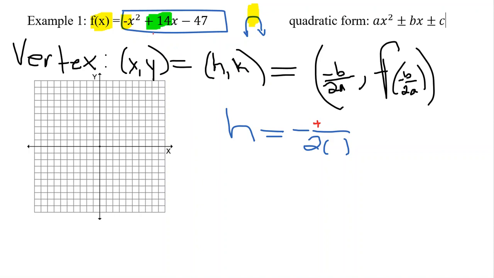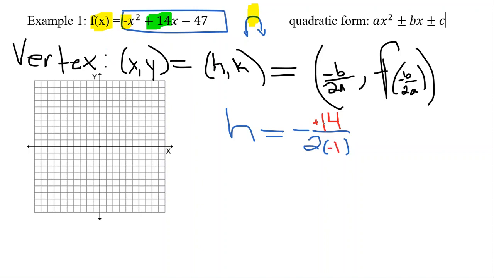It's not going to change. But it's important because it could have been negative, and then negative times negative would change. So this is why it was important to recognize the positive. It's a positive 14. Again, if you need to put it there, go ahead. And then my A is a negative 1.